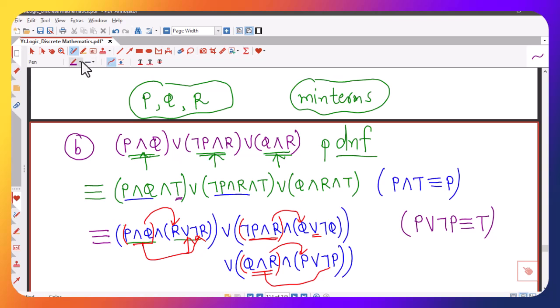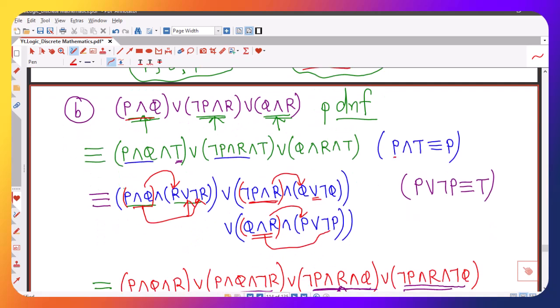So all we have to remember is that if we have three variables, we will make sure that we are using min terms containing three variables as a disjunction, and we will use these formulas.